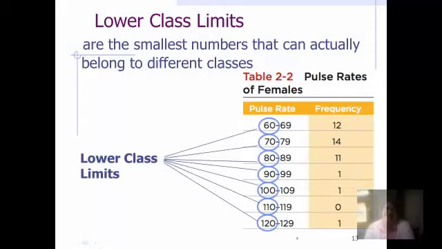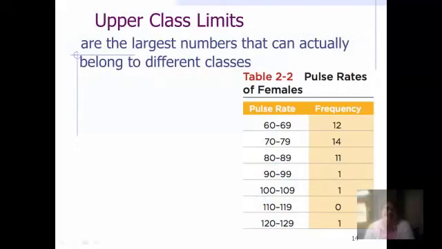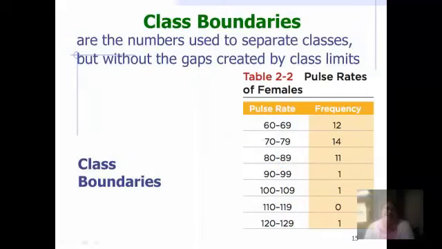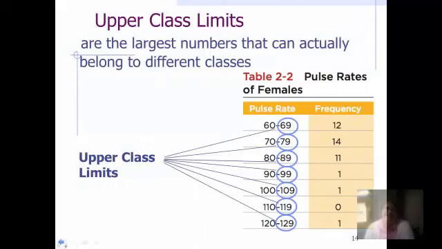You can see we have our lower class limits right there. Then our upper class limit is the largest number that can belong to that class, and those are going to be the upper numbers on our class description.